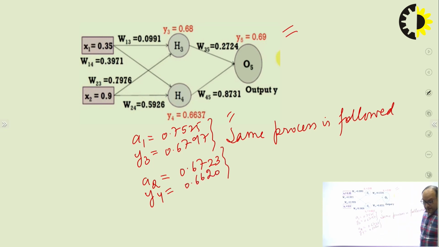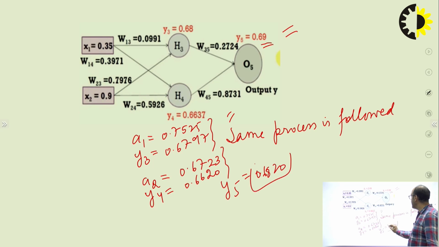My previous value of y5 was 0.69 and the new value, calculated with the help of this, comes out as 0.6820. This is my new network output.